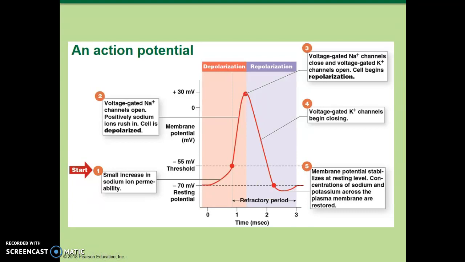Those voltage-gated potassium channels close, but the membrane situation is not right in terms of the ions, so the sodium-potassium pump has to act to pump out 3 sodium ions for every 2 potassium ions coming into the cell. And during this refractory period, the cell will not accept another action potential.